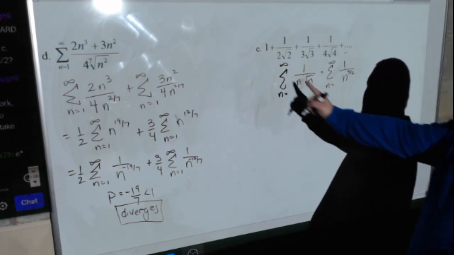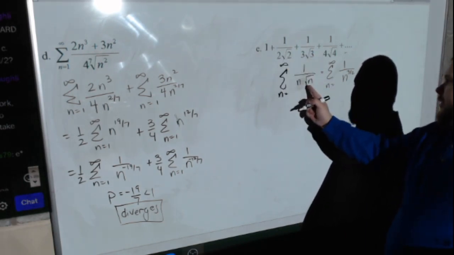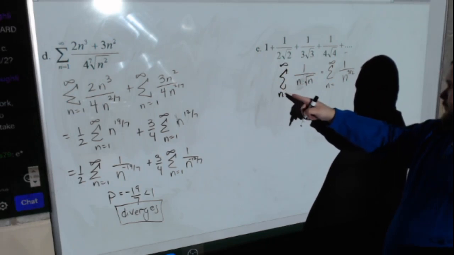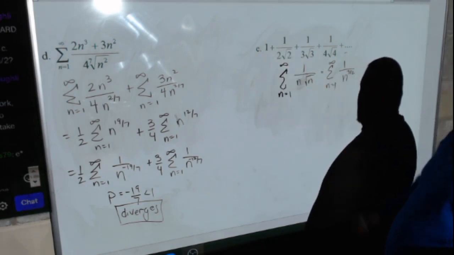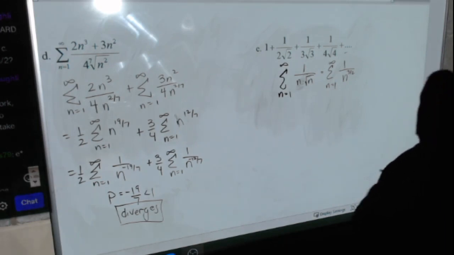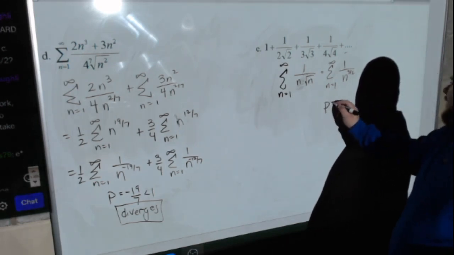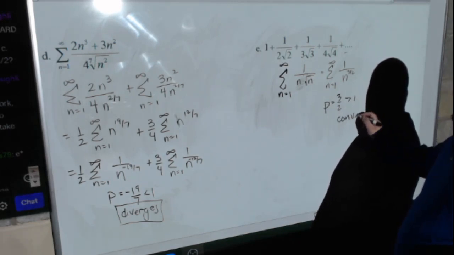If we plug in 1, we get back 1. If I plug in 2, I get that term. So it looks like we start at 1, and that looks like the proper form for that problem. So if that's the sum, p equals 3/2. That's greater than 1. This is convergent.